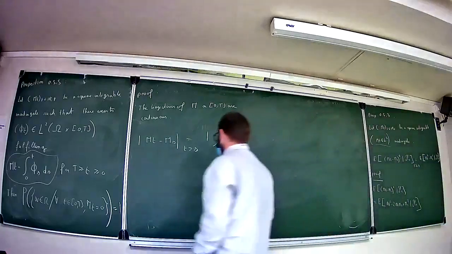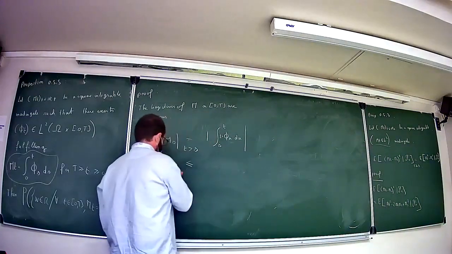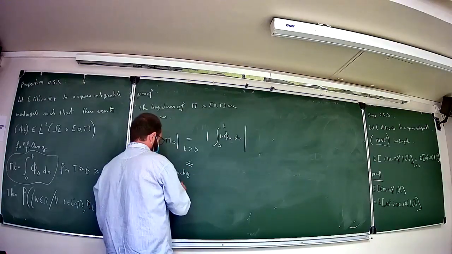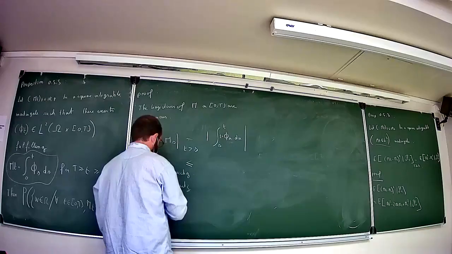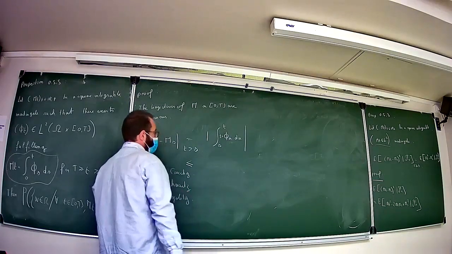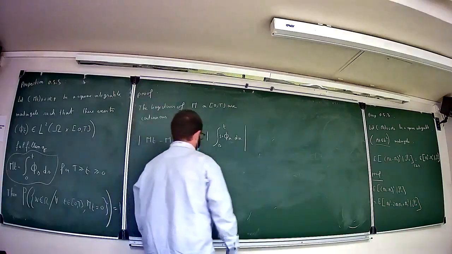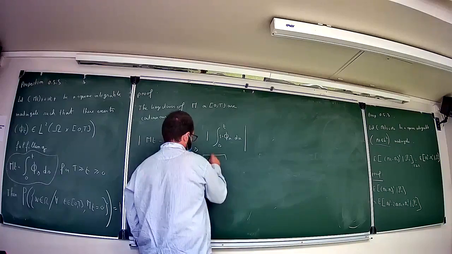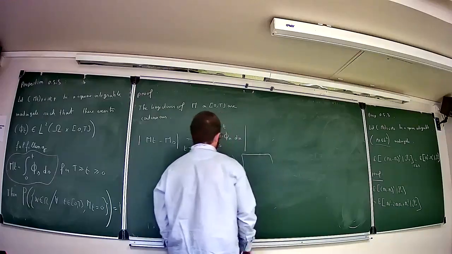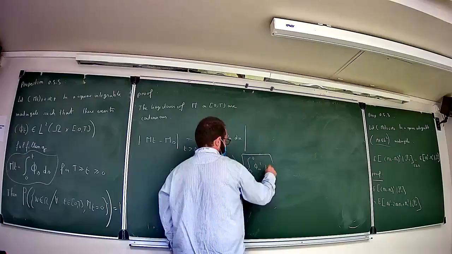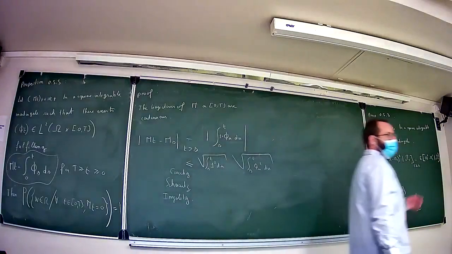So by Cauchy-Schwarz inequality, what can I say? The integral of the product is less than the square root of the integral between s and t of 1 squared du, times the square root of the integral between s and t of phi of u squared du.